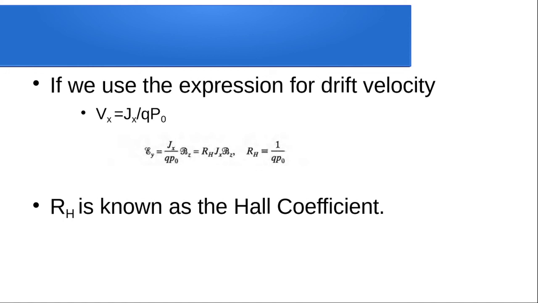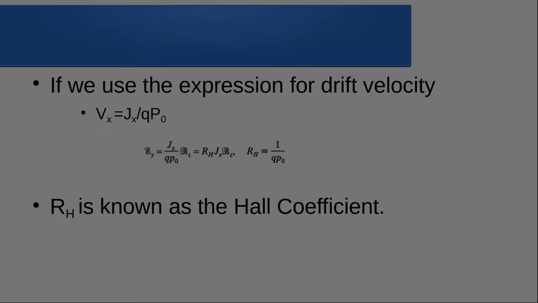So in a nutshell, the Hall effect is an electric field that is introduced when a semiconductor wafer is placed in a magnetic field. So this is the basic idea of the Hall effect.